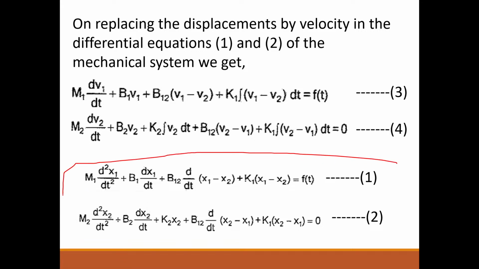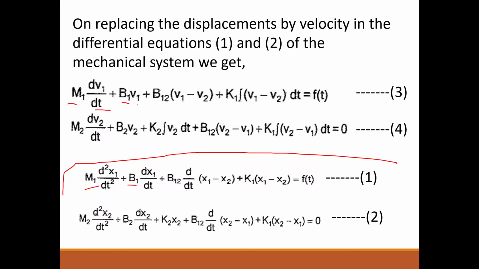So m1 d square x by dt square must be replaced by dv by dt. So m1 dv1 by dt. b1 you just write as it is. dx by dt is v, isn't it? v equal to dx by dt. So here dx1 by dt is there.